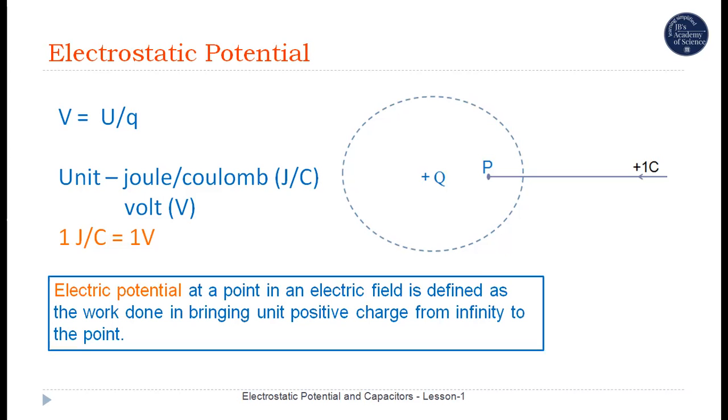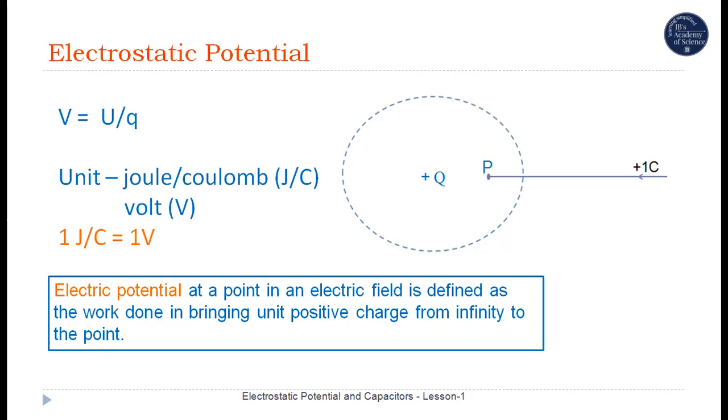Again, similar to the definition of electric potential energy, we can define electric potential at a point in an electric field as the work done in bringing a unit positive charge from infinity to the point. So consider a charge plus Q. Consider a point P in the electric field of the charge.